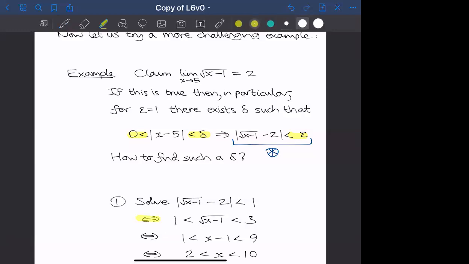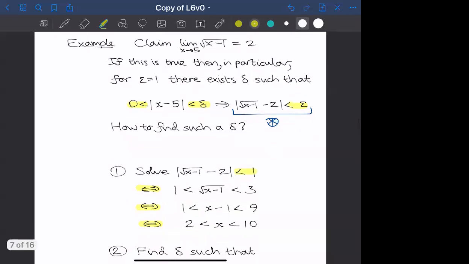And I can take squares and get an inequality that x minus 1 must be between 1 and 9. And so x must be between 2 and 10. And you can check back and see that the arrows go both ways. So if x is between 2 and 10, then also this is true. So that's the first step in our solution.